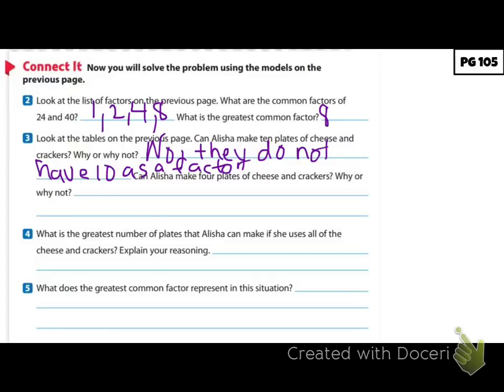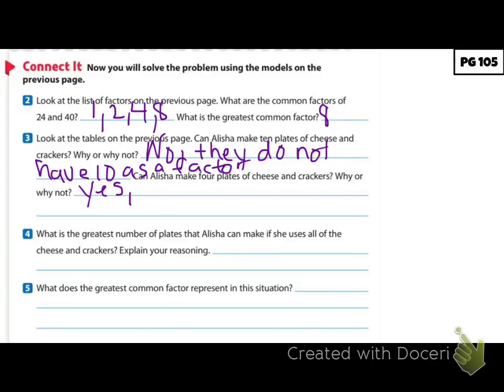And that means both numbers. Both numbers have to have 10 as a factor. 40 does, but 24 does not. So, can Alysha make 4 plates of cheese and crackers? Why or why not? Well, is 4 on both lists? Yes, it is.